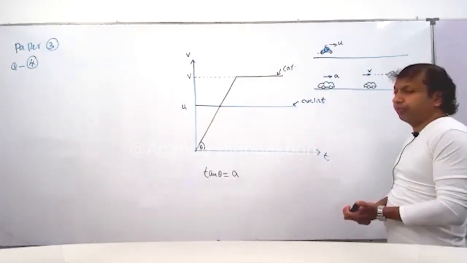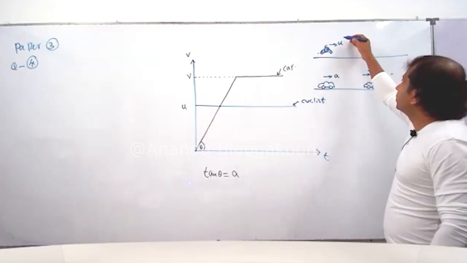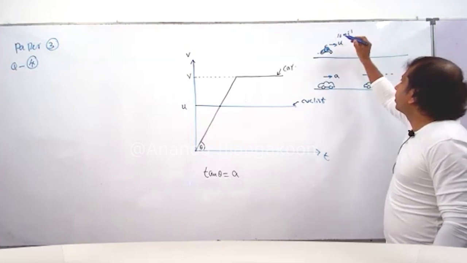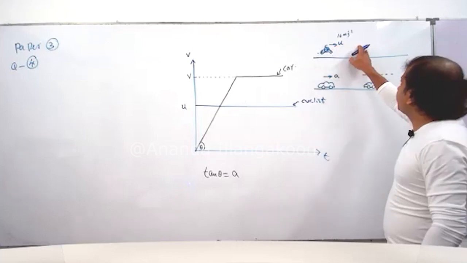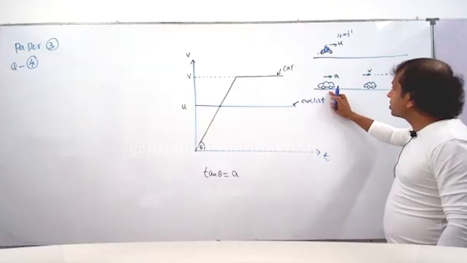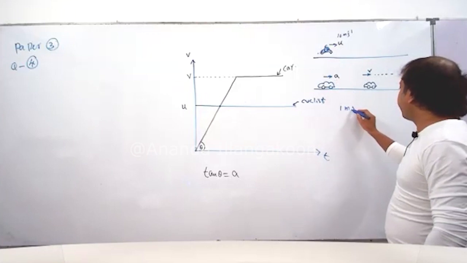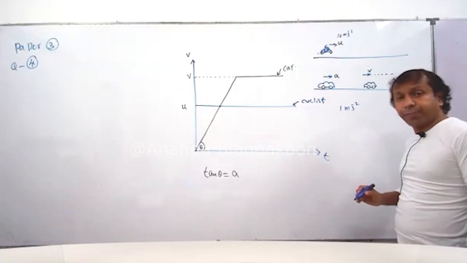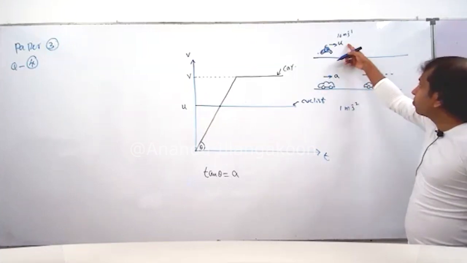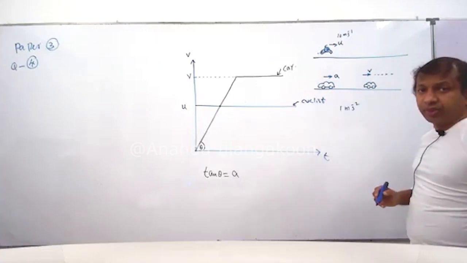Consider like this. Suppose the cyclist's constant velocity is 10 meters per second. The cyclist moves with this velocity continuously. The motor car starts with acceleration a. I'll take the acceleration as 1 meter per second squared. Then, to get the velocity of 10 meters per second, this motor car takes 10 seconds.